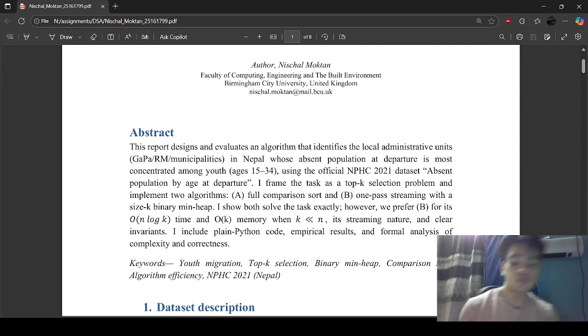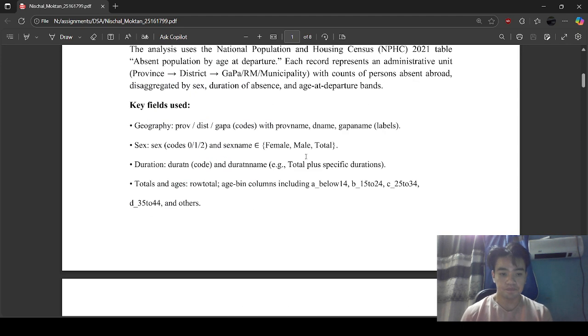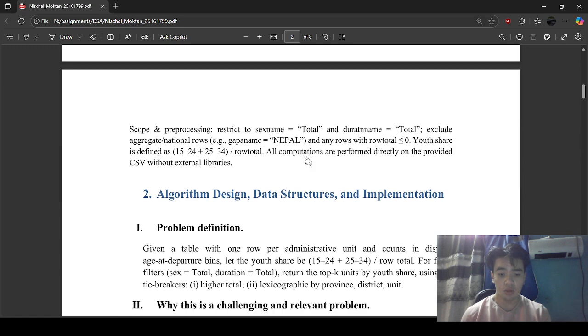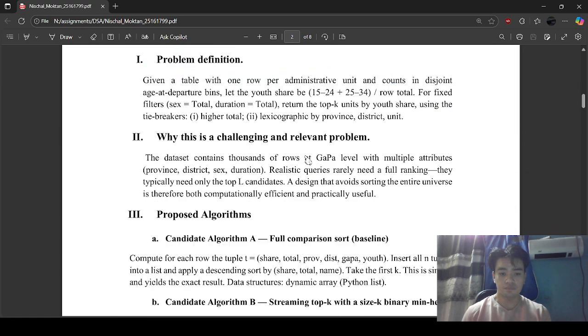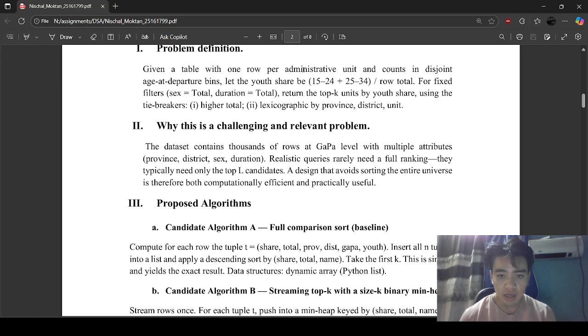The youth share I use is the logic behind it: 15-24 plus 25-34, divided by the row total. Our goal is, for a given k, to return the top k units by youth share with deterministic tiebreakers.